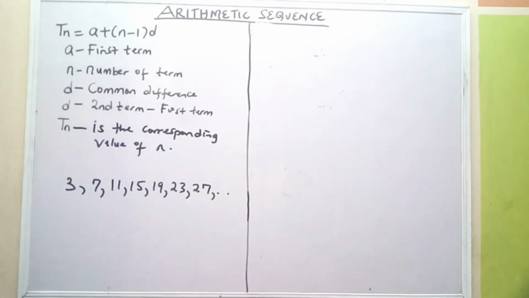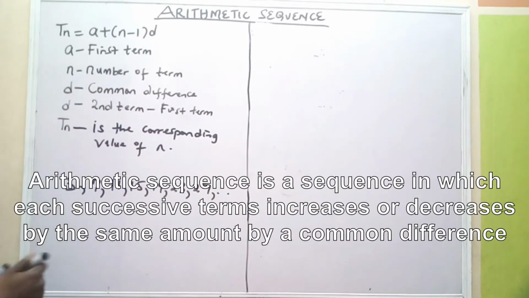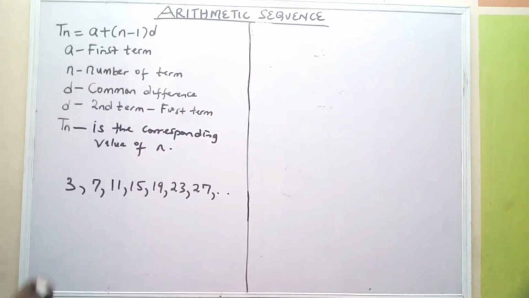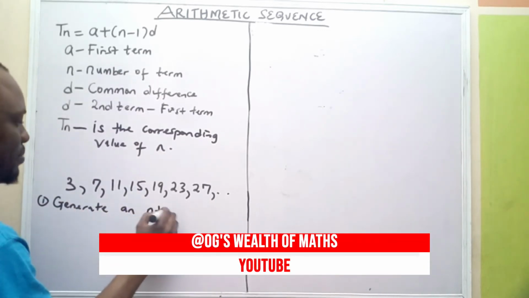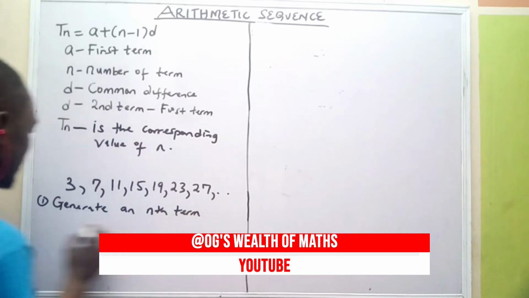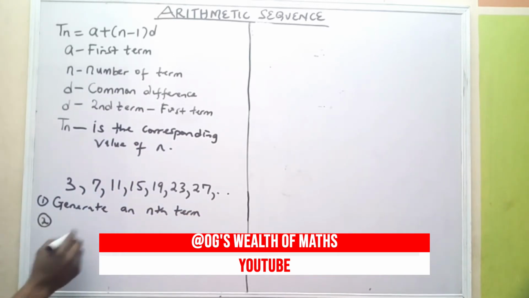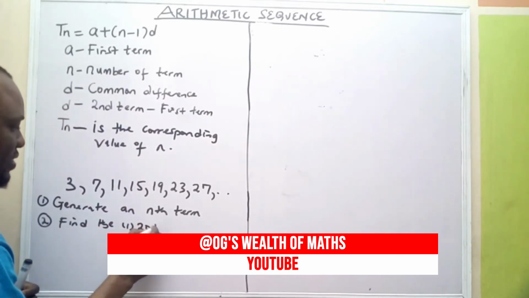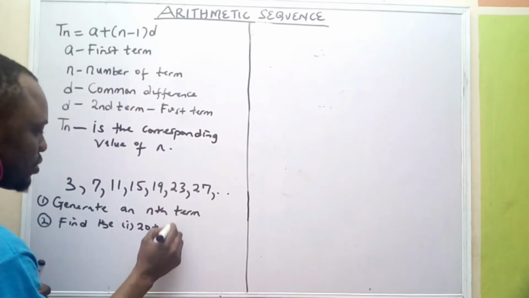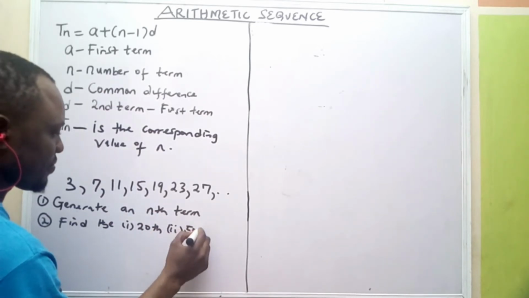Now, in this sequence, my first term is A. Let's say we are asked to generate an n term for the sequence, and then find the 20th term, and the 50th term.